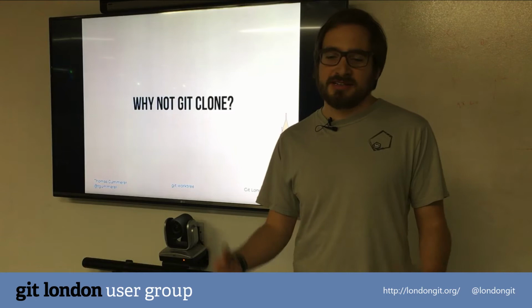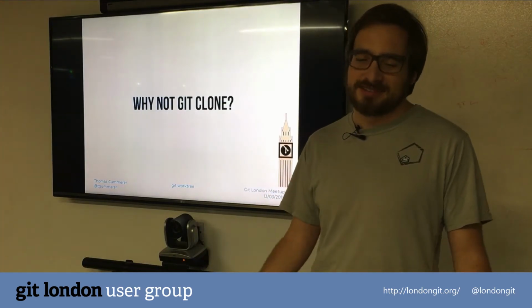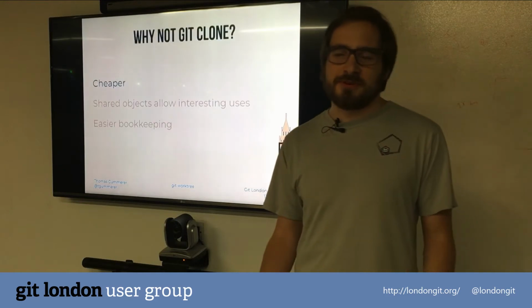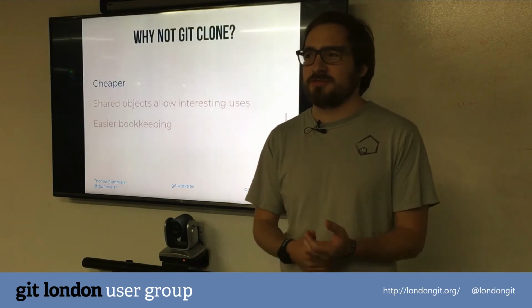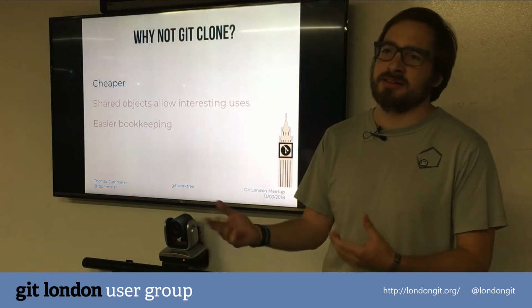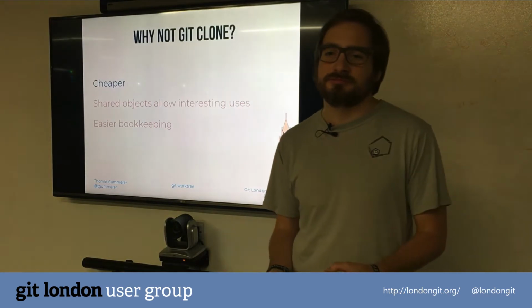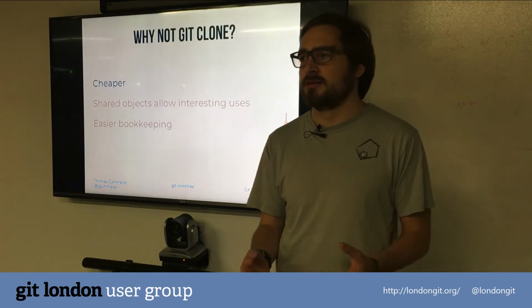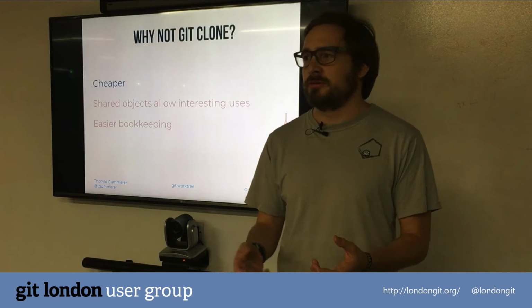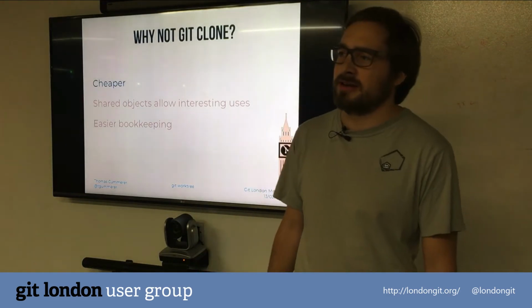So, as I said, it's like a Git clone, so why not just use that? For one, it's cheaper to just create a new worktree that shares the .git directory with the main working tree. So you don't have to create new pack files or recreate everything that you already have.